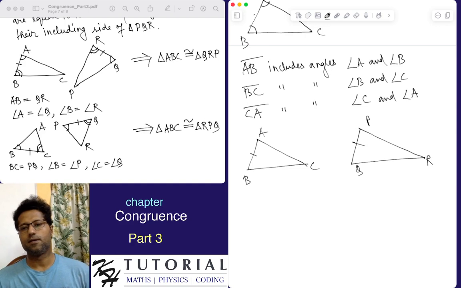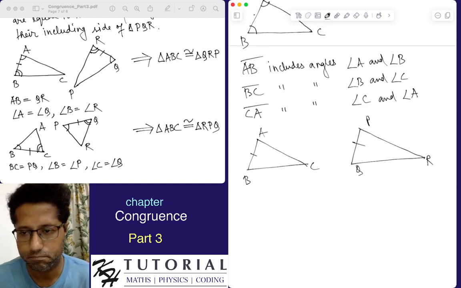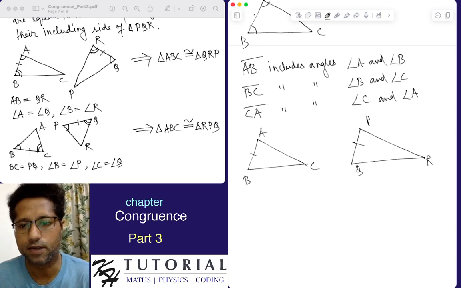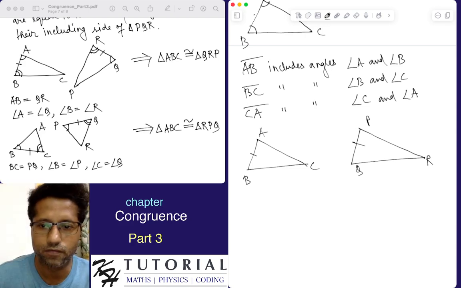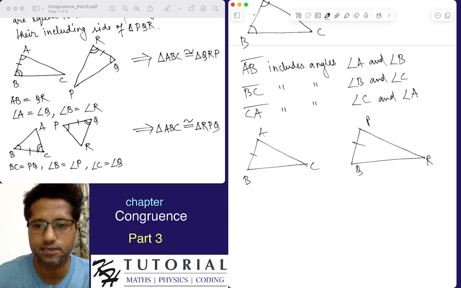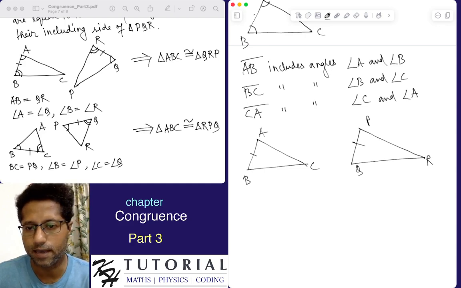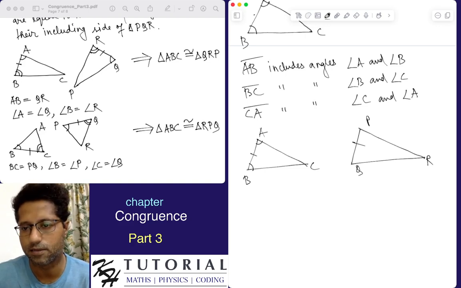Now if I want to apply the ASA congruence rule, I know the angles included by the side AB are angle A and angle B. I also know that the angles included by the side PQ are P and Q.